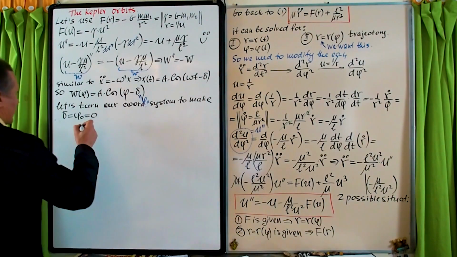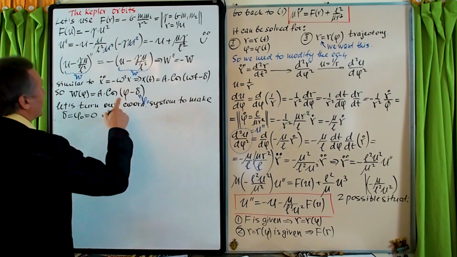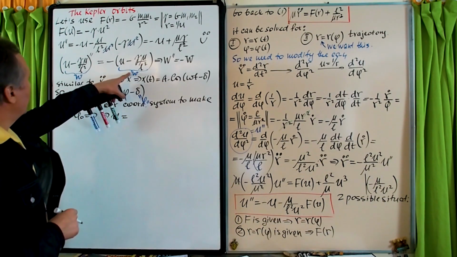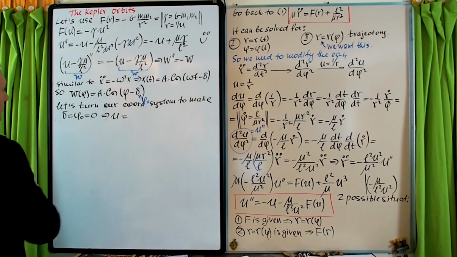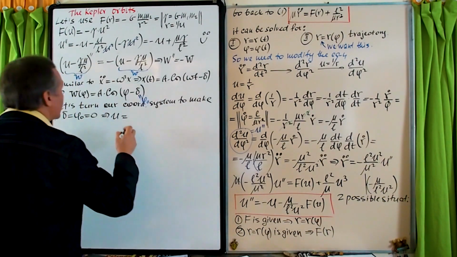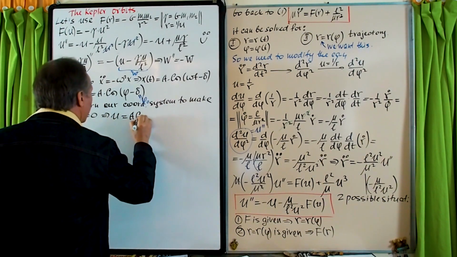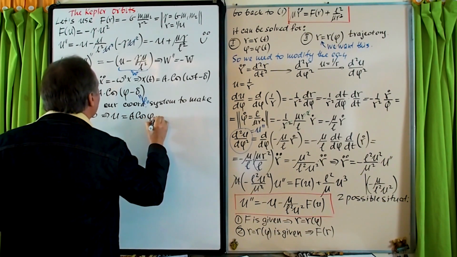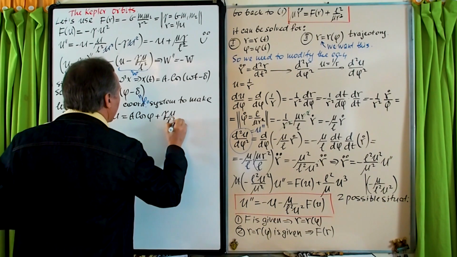So as a result, u will be equal to w plus this constant, right? Yes, of course. So it will be A cosine phi plus that constant, gamma mu over L squared.